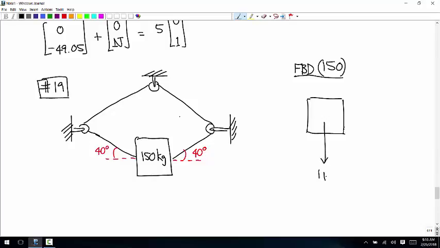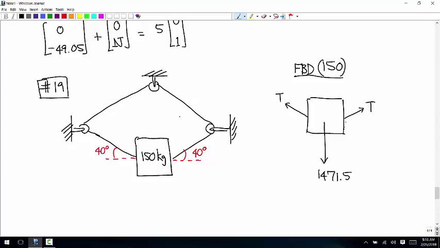So 1471.5. And then where is their contact with the surroundings? Yep, just here and here. And that's the same cable, just going through pulleys. So the magnitude of those forces are the same.